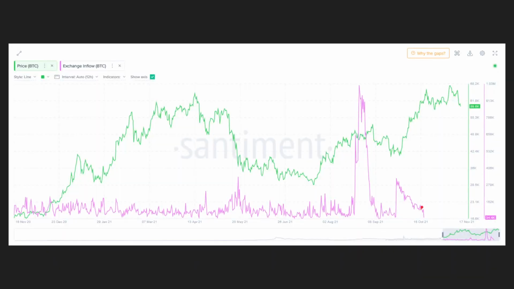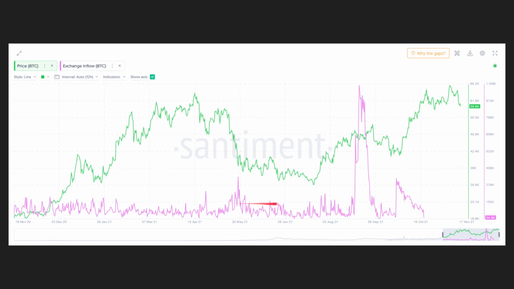Here's an example. This is from Santiment. In green, we see the price of Bitcoin, and in purple, we see the exchange inflow. So this is the tracking of the amount of Bitcoin that has entered exchanges.